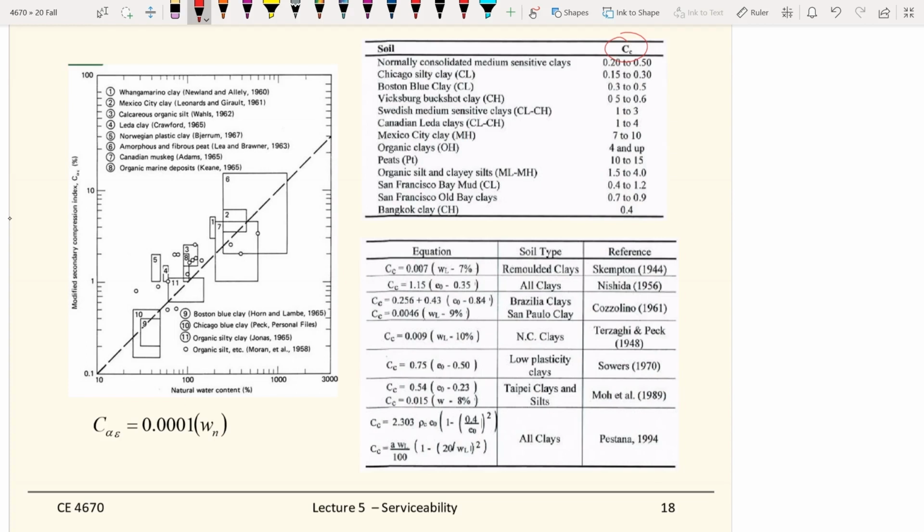If you don't have a lab test, those empirical correlations could be useful, but you need to use them with a lot of care. Be very careful with those correlations. Sometimes they work, sometimes they don't, and you may not have the experimental data to prove it. So be very careful with those empirical correlations.